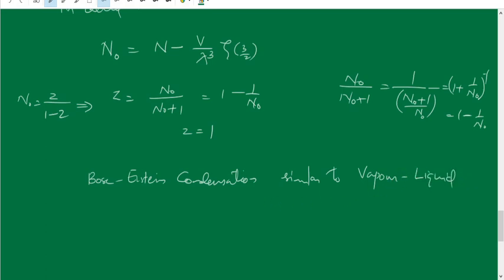Okay, vapor to liquid condensation. This vapor to liquid condensation happens in physical space.